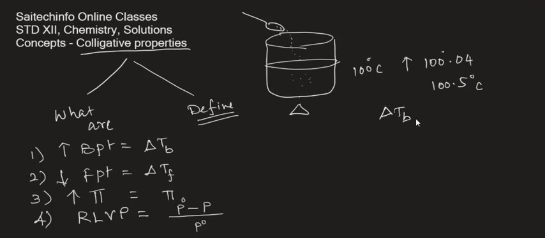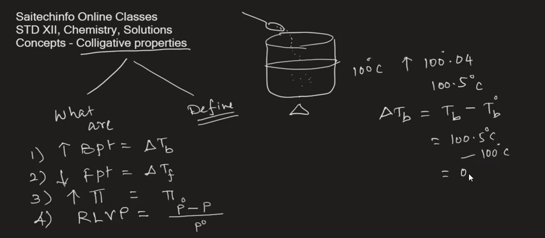That is the elevation of boiling point, delta TB. This is TB, the boiling point of the solution, minus the boiling point of water in its pure state as solvent. So you can put 100.5 degrees minus 100 degrees Celsius.